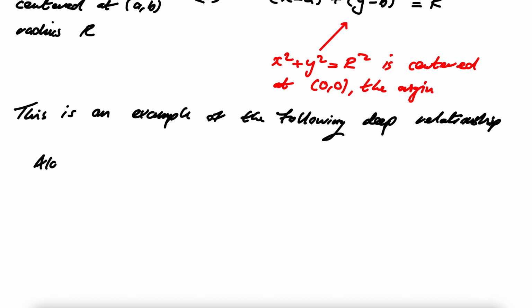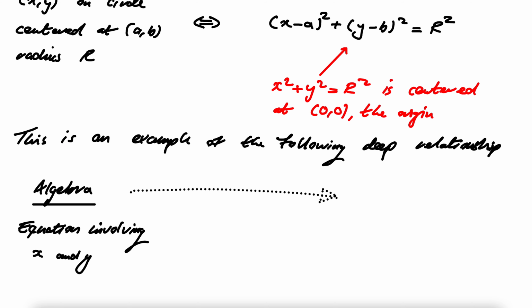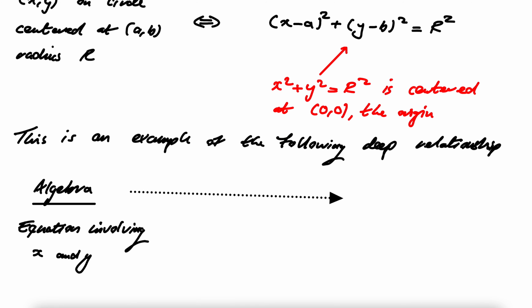If you have a piece of algebra, and when I say a piece of algebra, let's take something simple. Let's take just an equation involving x and y. Something like this, for example. Well, any equation in x and y has a natural geometric partner, namely all the positions x, y which satisfy the equation. So given any piece of algebra like this, there is a corresponding piece of geometry.